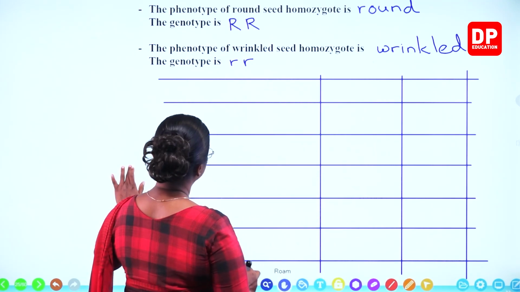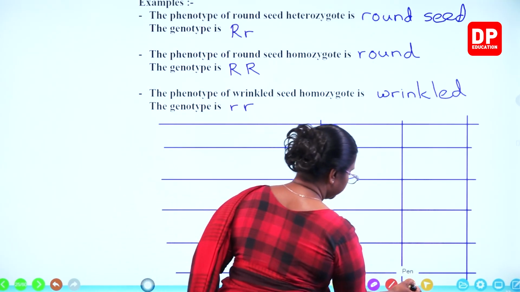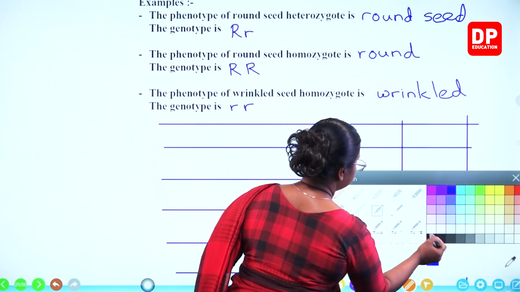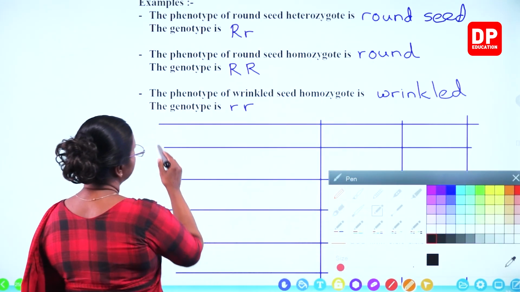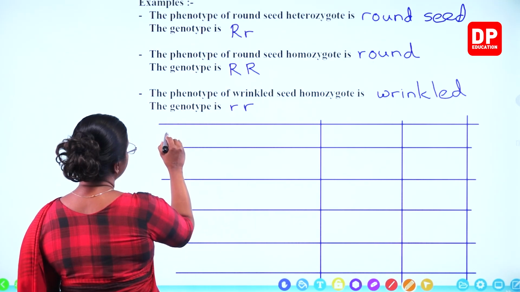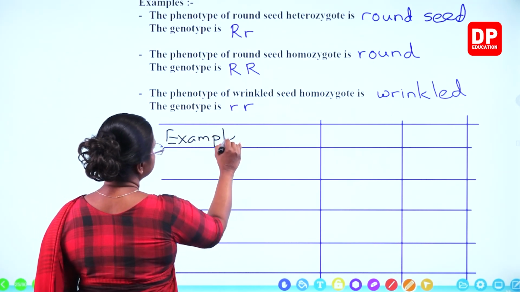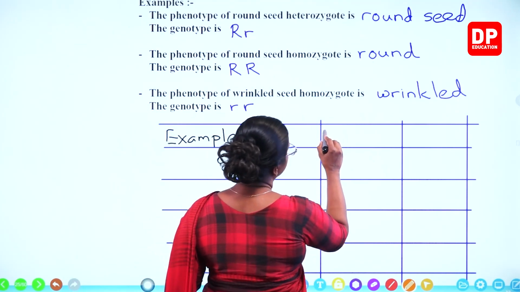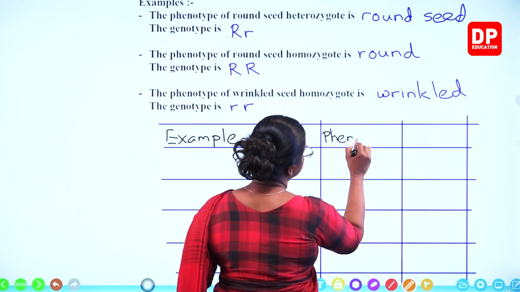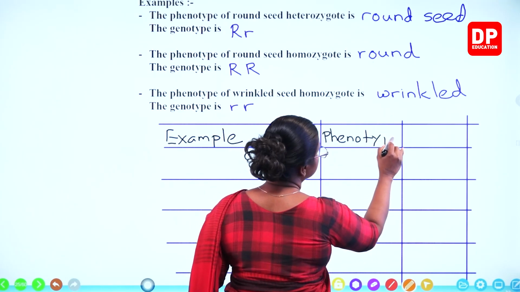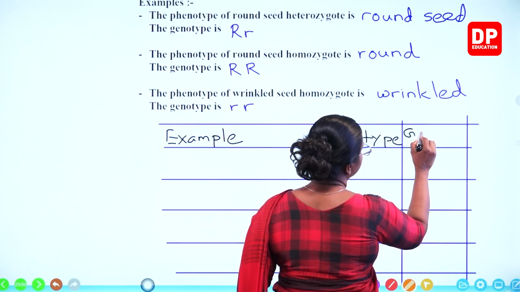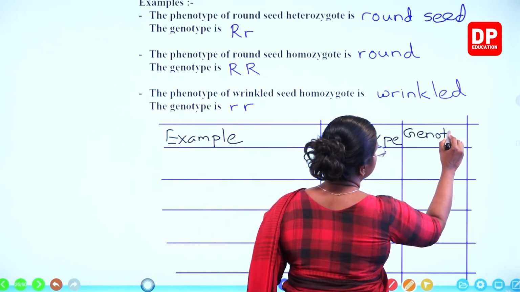Here we can have the feature, or we'll say example, then the phenotype and the genotype.